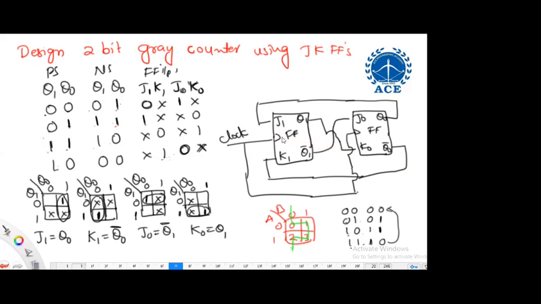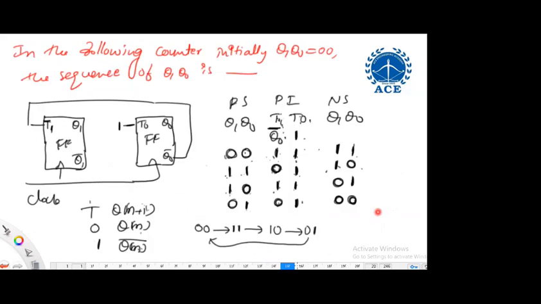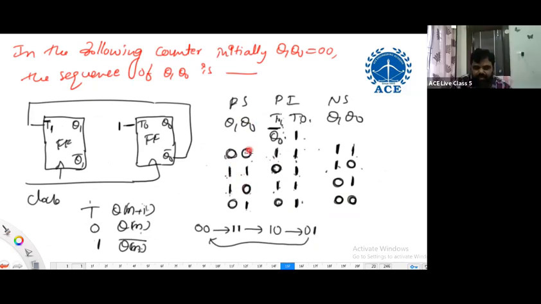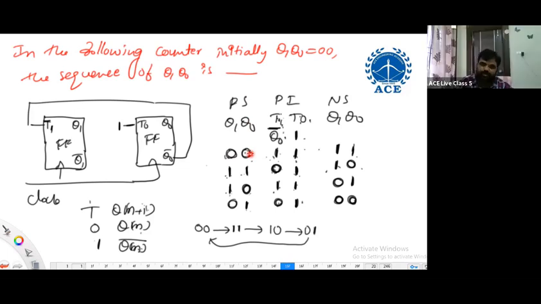Sir, last slide, sir. Okay. Which number is that? Okay, here. Yes. Sir, I just find it difficult to understand between what is the present state and present input, sir. Like, in present state we are assuming before the clock occurs we have a state. So based on the present state only we need to provide the inputs.